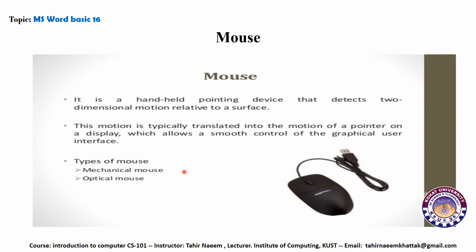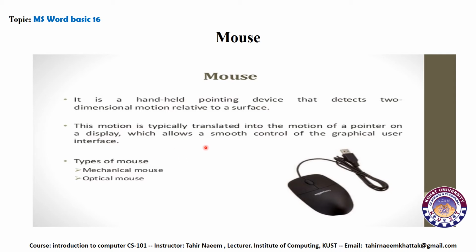Mouse. A mouse is a handheld pointing device that detects two-dimensional motion relative to a surface. This motion is typically translated into motion of a pointer on a display, which allows smooth control of the graphical user interface.